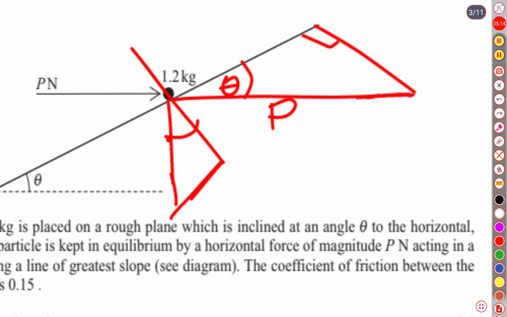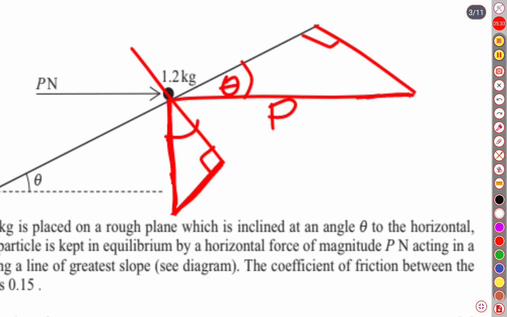Then this is the weight. Okay, so our right angle is over here. I think you got my point, that weight is acting vertically downward and particle is trying to move down horizontally.